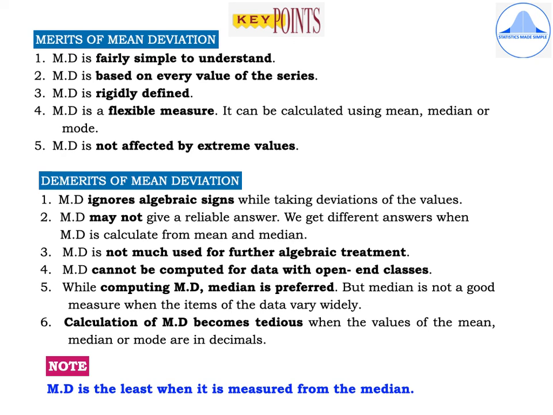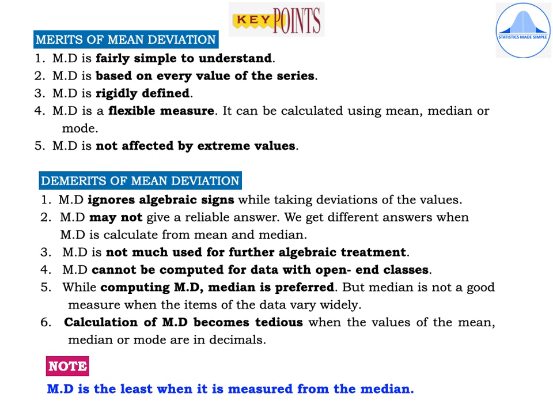The fifth demerit is while computing mean deviation, the median is preferred, but median is not a good measure when the values of the data vary widely. And the sixth demerit is calculation of the mean deviation becomes tedious or difficult when the values of the mean, median, or mode are in decimals.